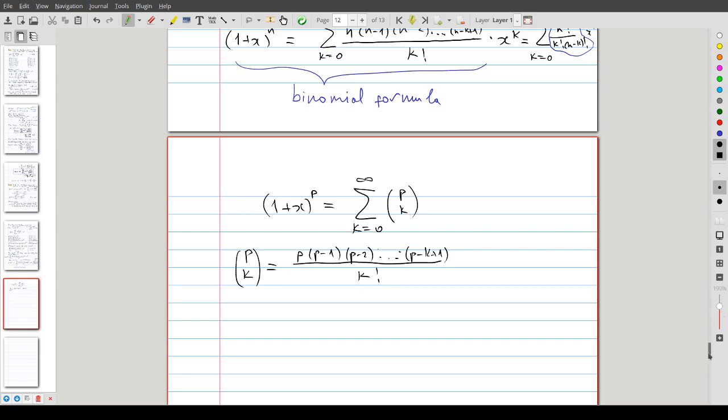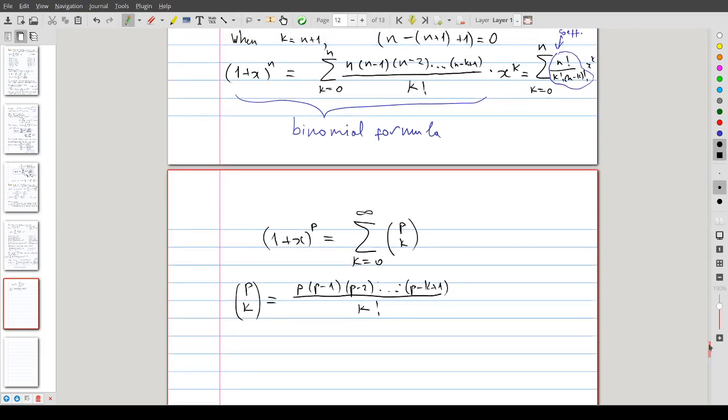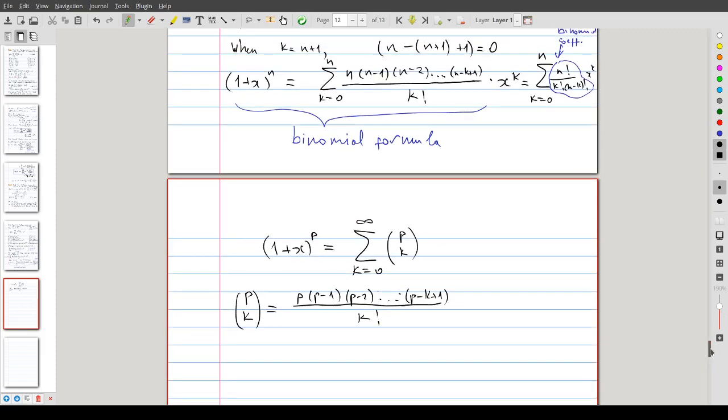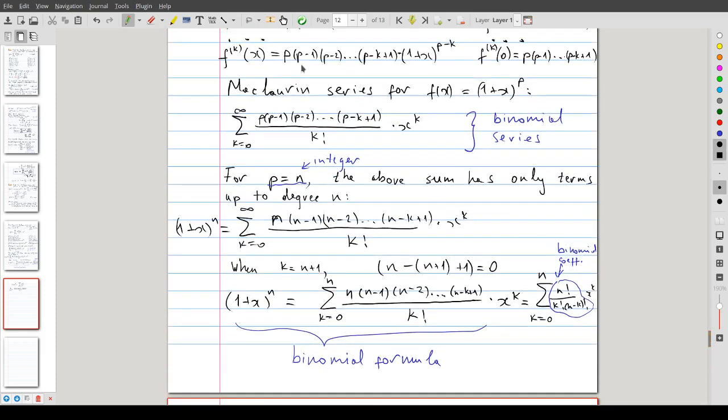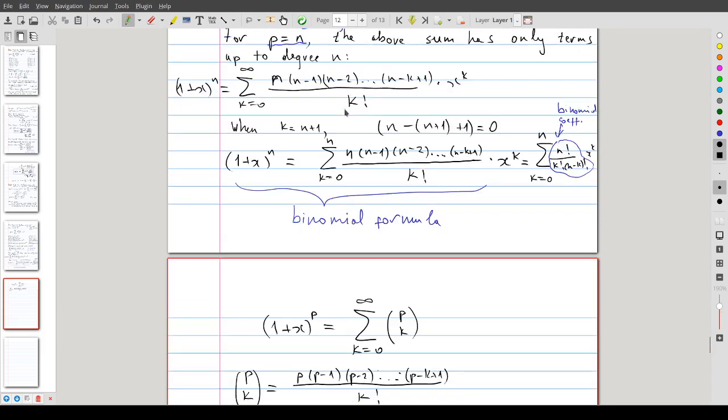Notice all I did here was take the expression that we had for the kth coefficient in our expansion, and introduce a special notation for it. Let us use this shorthand for the entire coefficient, and then it is multiplied by x to the k.